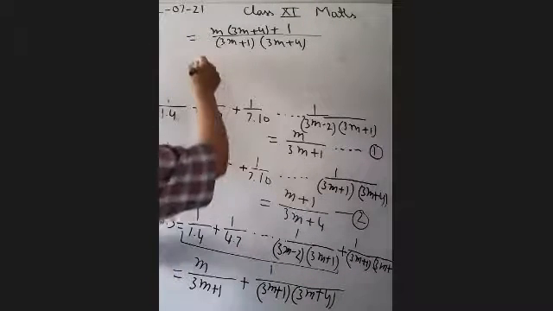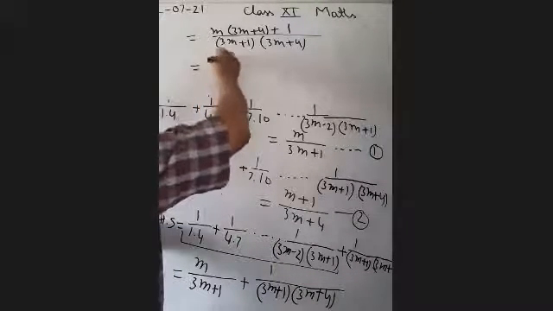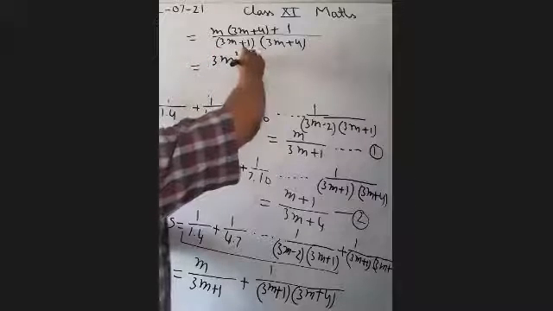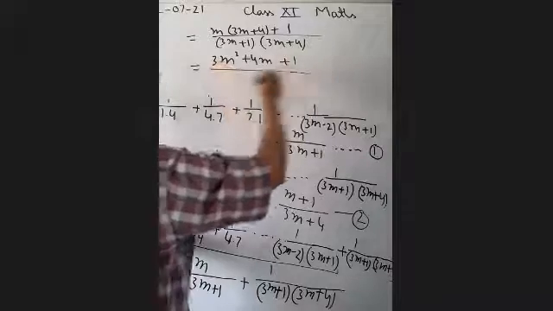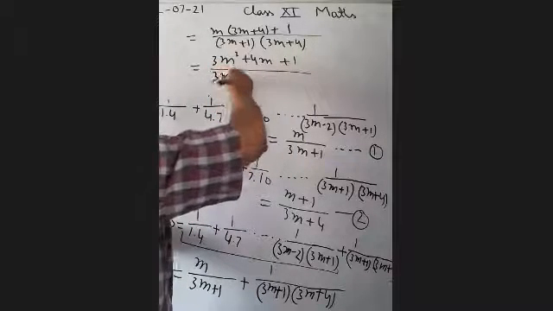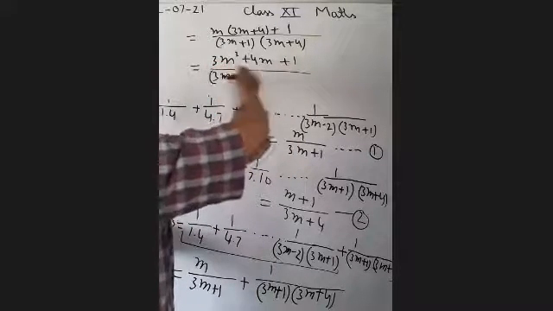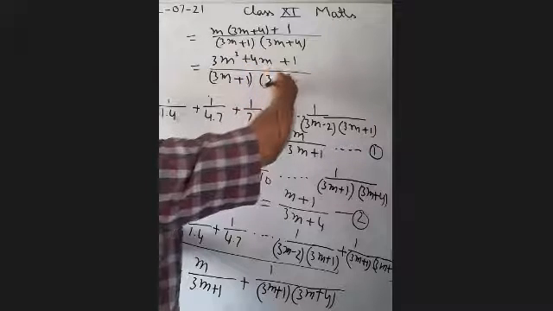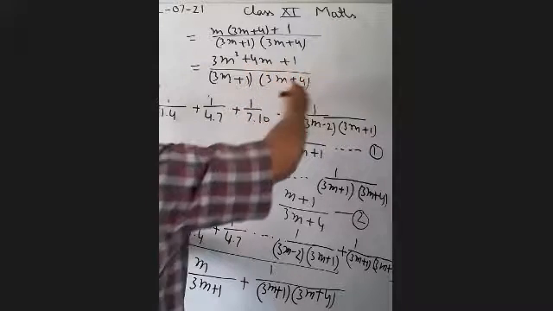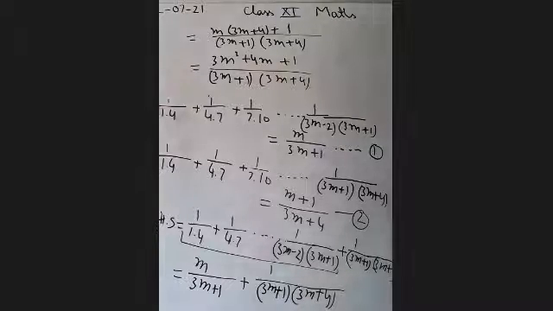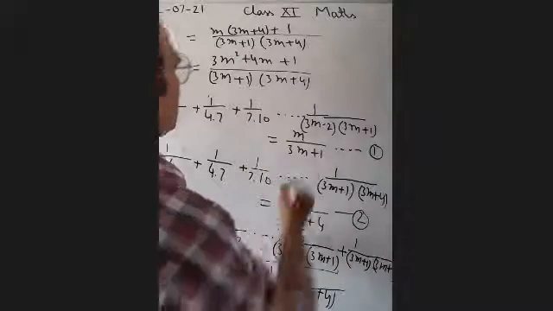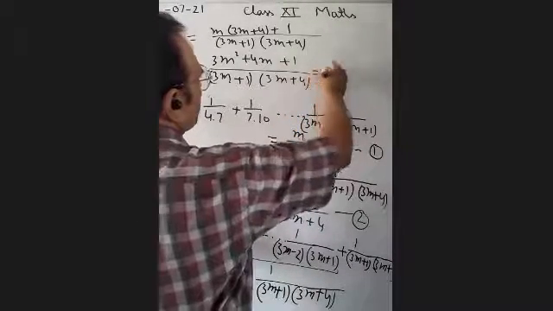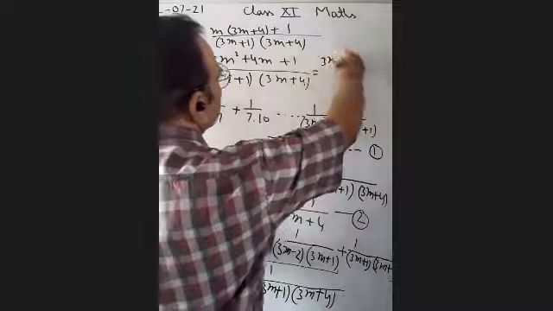If we multiply this one, so 3m square plus 4m plus 1 divided by 3m plus 1 or 3m plus 4. Now you have to simplify this one by splitting the middle term. If you split the middle term, so you can factor 3m square plus 3m.